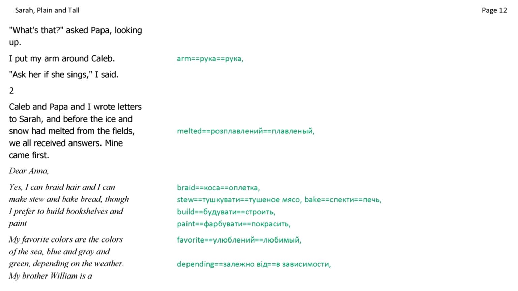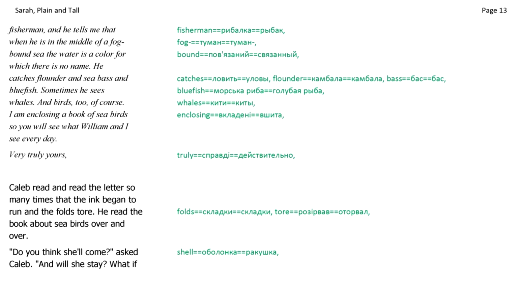Dear Anna, yes, I can braid hair and I can make stew and bake bread, though I prefer to build bookshelves and paint. My favorite colors are the colors of the sea, blue and gray and green, depending on the weather. My brother William is a fisherman, and he tells me that when he is in the middle of a fog-bound sea, the water is a color for which there is no name.